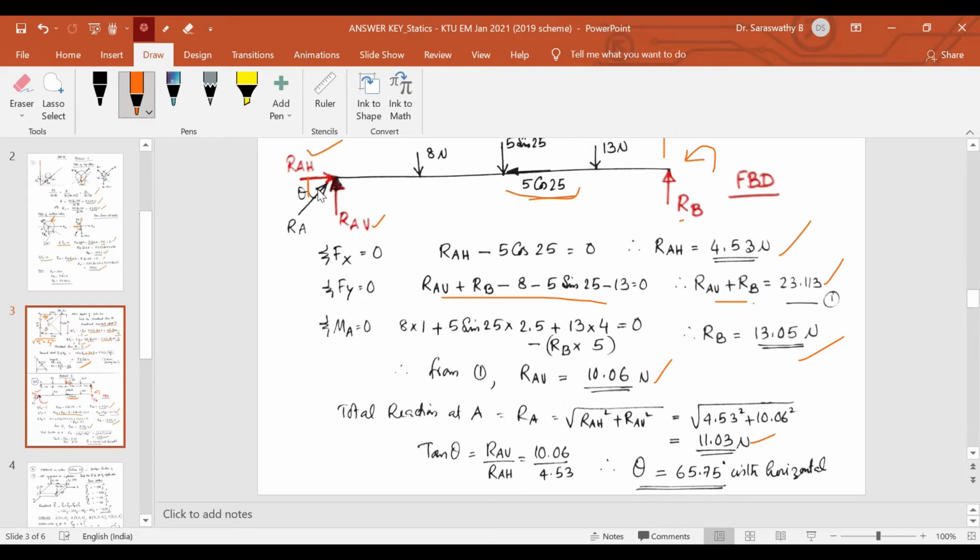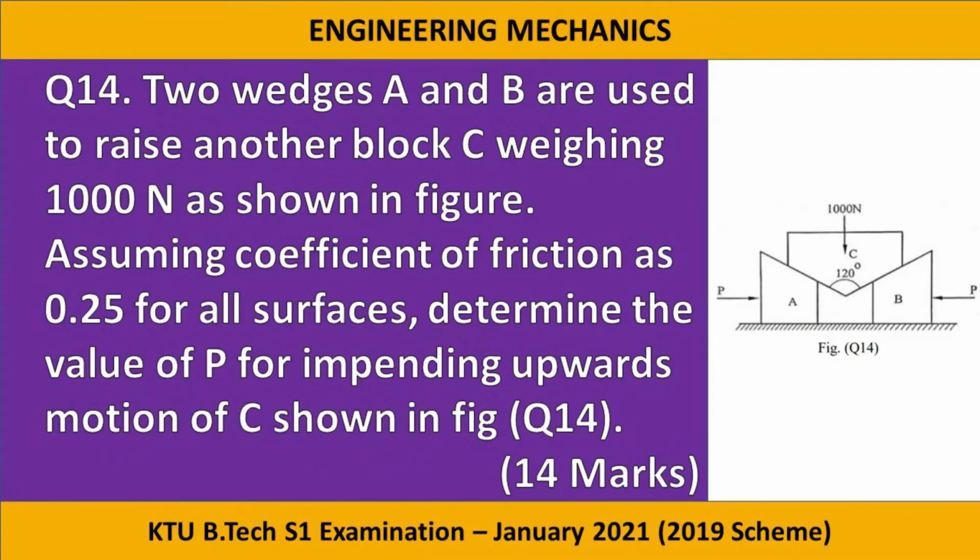Okay. Next, I'll pass on to question number 14. I will read the question. Two wedges A and B are used to raise another block C weighing 1000 Newton as shown in figure.